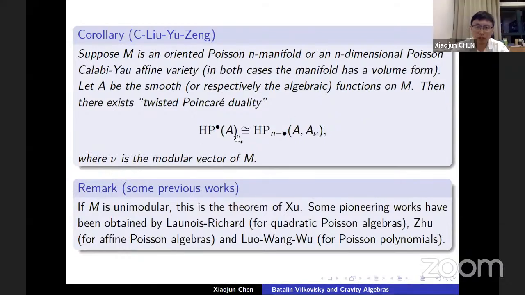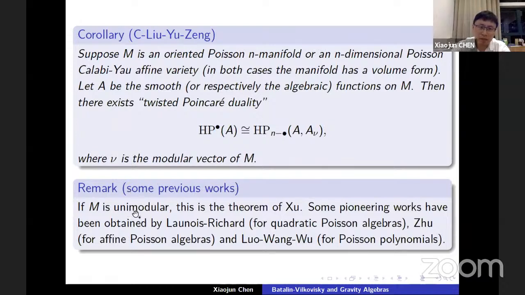So we have the following twisted Poincare duality between the functions on this M and the Poisson homology of A with this twisted module structure. Here, nu is the modular vector of M. Let me give a remark.